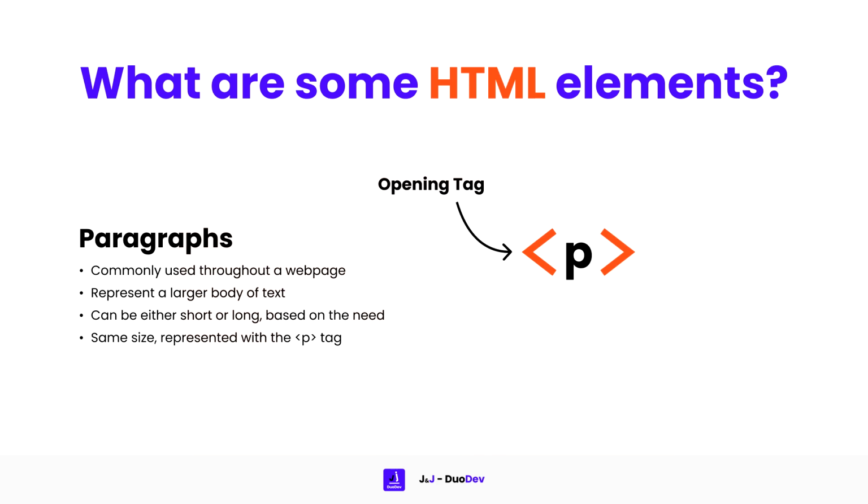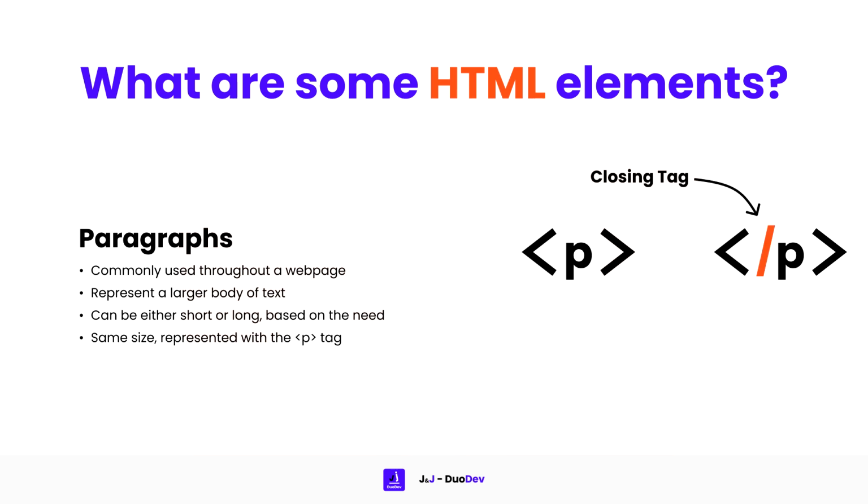It has an opening tag, so the two brackets, and inside we have the letter P. That indicates that it is going to be a paragraph element. It also has a closing tag, which is denoted by the forward slash that comes right before the P. And in between the opening and the closing tag, that's where we put the actual content of the paragraph, the actual text that is going to be represented by that paragraph element.